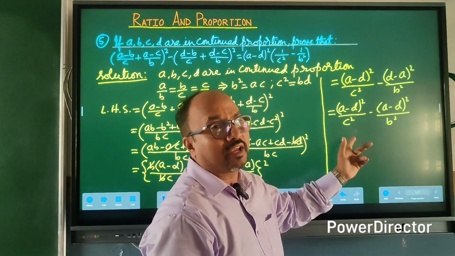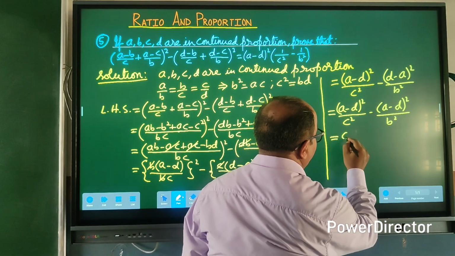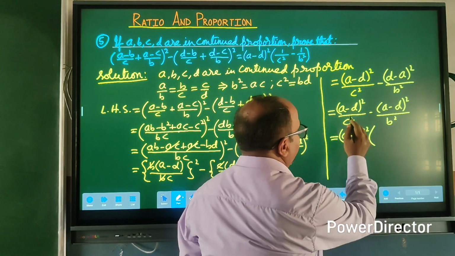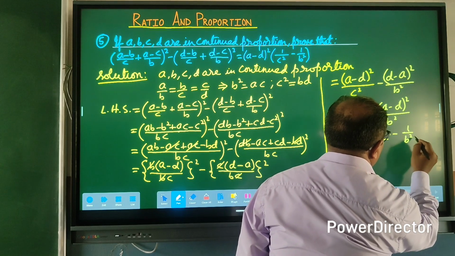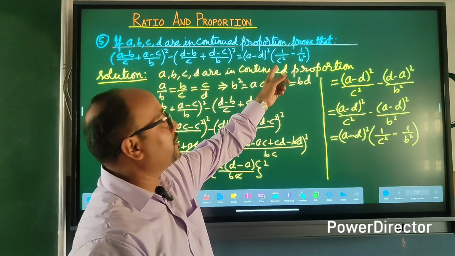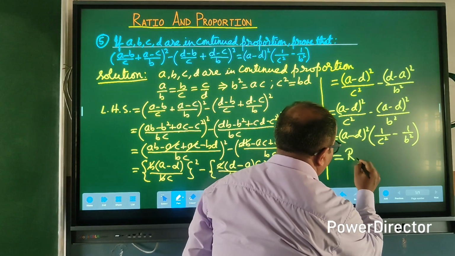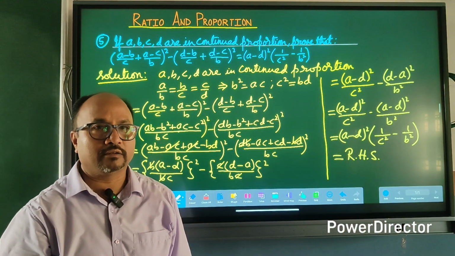Okay. Now you can see the numerator of both of them are same. So I will take that as common. And from here I am left with a 1 by C square, and here I am left with a 1 by D square. And that result is the same as the RHS asked over here. So I go to write equals to RHS and the sum is done.